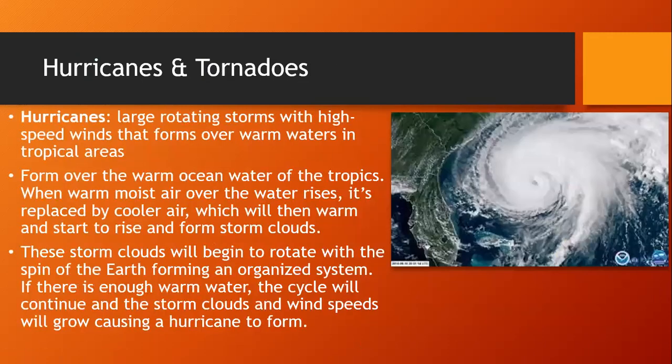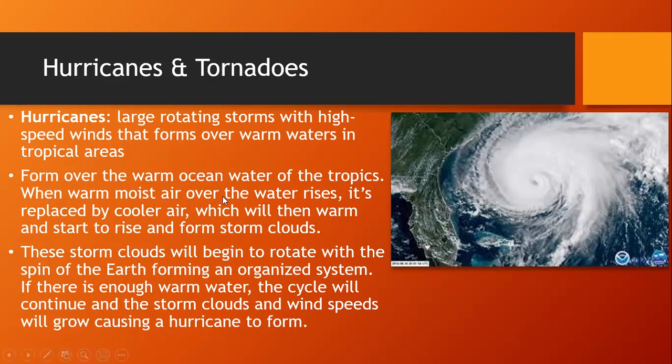And now the last part is going to be hurricanes and tornadoes. You do have a few questions on these, so I just want to make sure to cover them. And so we'll start with hurricanes. How hurricanes work is there are these large storms that rotate with the spin of the earth, and they usually occur over warm water, which is usually in tropical areas.